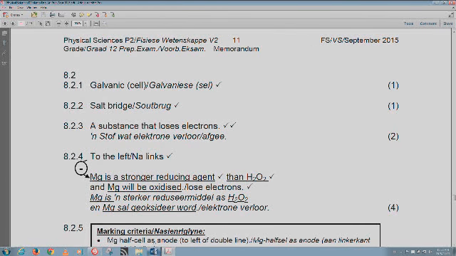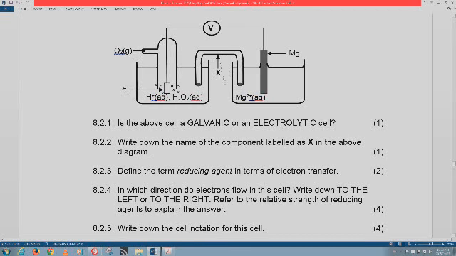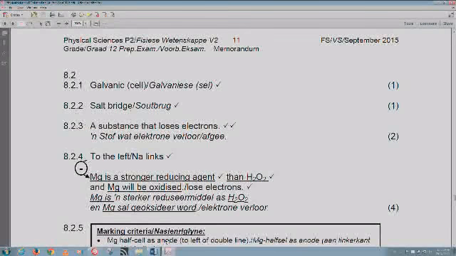And then 8.2.2, write down the name of the component represented as X in the above diagram. And the only answer there is the salt bridge. Colleagues, it is the salt bridge, and that's the only answer. Not salt anything, but salt bridge for 1 mark.